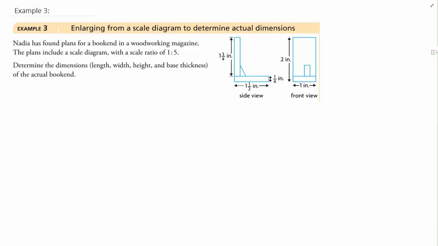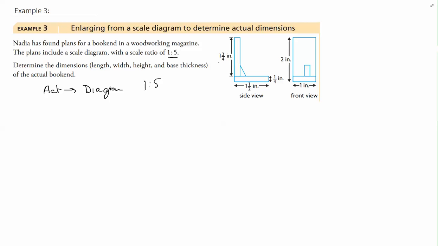Nadia has found plans for a bookend in the workshop, in a woodworking magazine. The plan includes a scale diagram with a ratio of 1 to 5. So the scale from the actual to the diagram is 1 to 5.